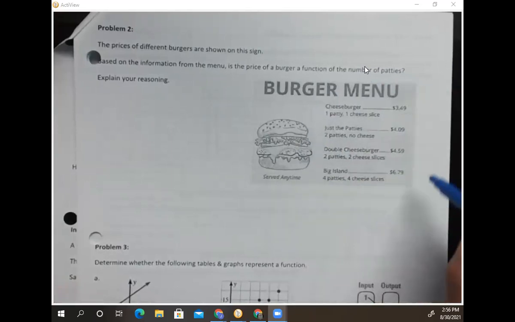I want you to take a couple minutes, talk to the people around you, and try to decide if burger price is a function, right? Is the price of a burger based on the number of patties and the stuff that I've got on it? Or is there some other pricing system that they've come up with, like our bagel problem?